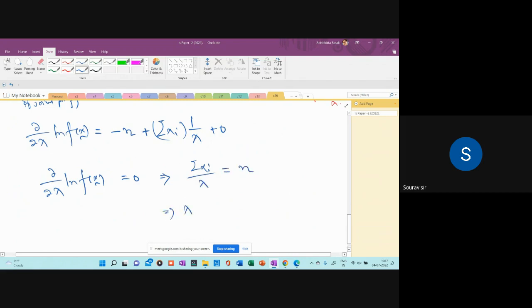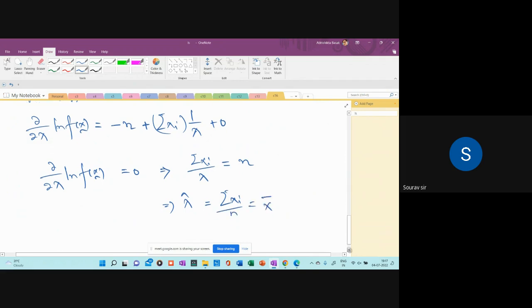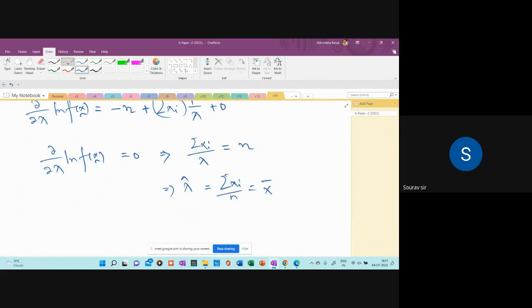So lambda hat, the estimated value of lambda, is summation xi by n, which equals x bar. I can't write MLE right now because I am not sure whether it is the MLE or not. This is called the estimated value.